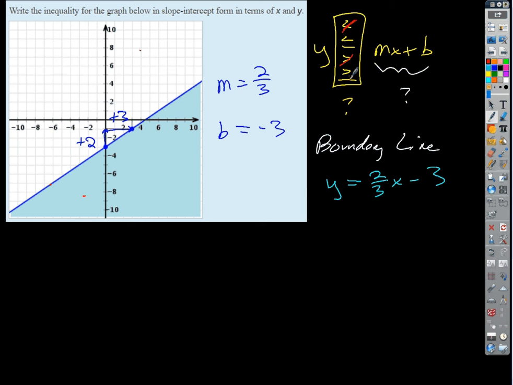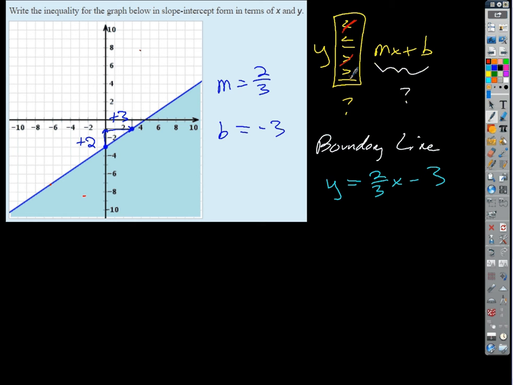Lower half. Now think about it this way. If we take the boundary line, for example, y equals 2/3 x minus 3, what is this telling us? It's telling us that the y value of an ant that's walking on this line is equal to mx plus b. But what if we're talking about y values that could be above or below? Think about the meaning of an x-coordinate and a y-coordinate. The x-axis is horizontal.